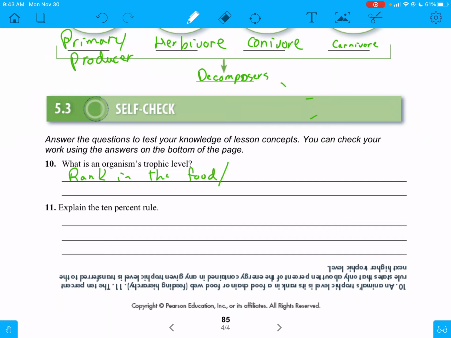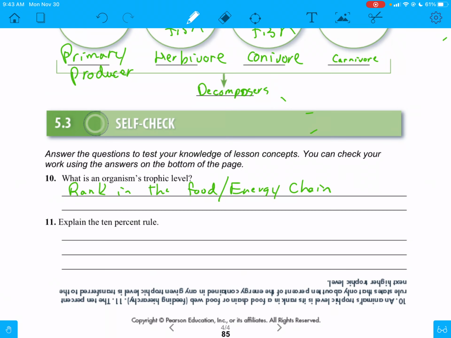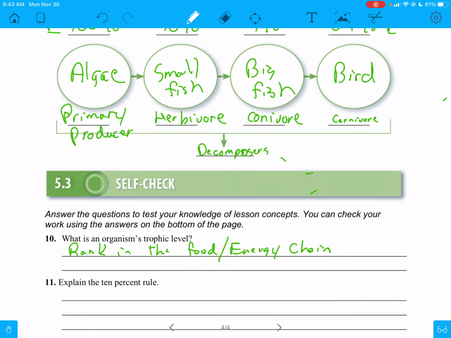And I'll say food energy chain. For example, up here at the top, if I were to look at this guy is in trophic level number 1. Here's the second trophic level, here's the third, and here's the fourth, okay? So wherever you are in the food chain is going to determine how much energy you're going to be able to get in the chain. And then let's look at number 11.